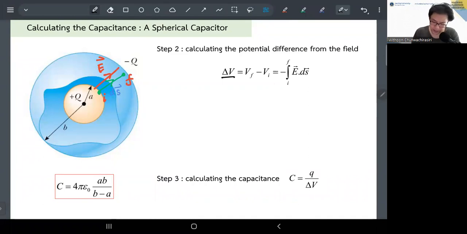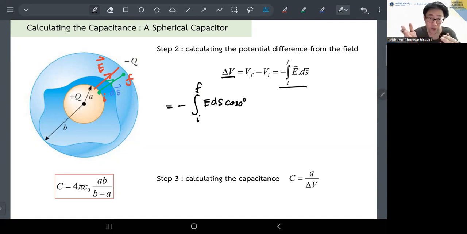The potential difference is the negative integral of E dot ds, walking from the initial point to the final point. That equals negative integral of E ds cosine 0. Because everything is in the radial direction, my ds is going to be dr in the r hat direction.